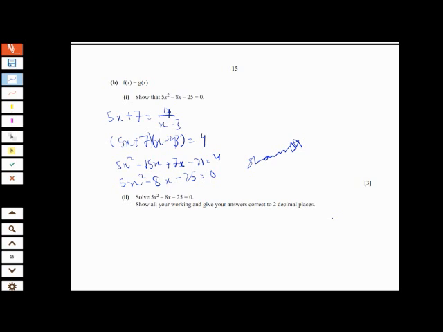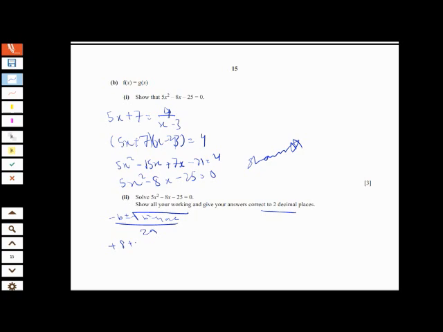Okay, now solve 5x squared minus 8x minus 25 equals 0. That means when they say to two decimal places, they want you to use the quadratic formula, which is basically negative b plus or minus square root of b squared minus 4ac over 2a. Which is negative negative 8, so positive 8, plus or minus.